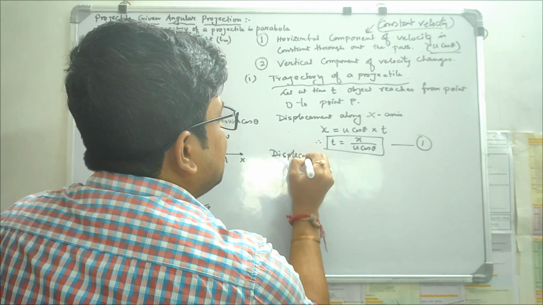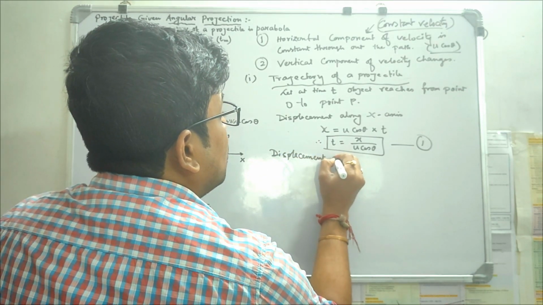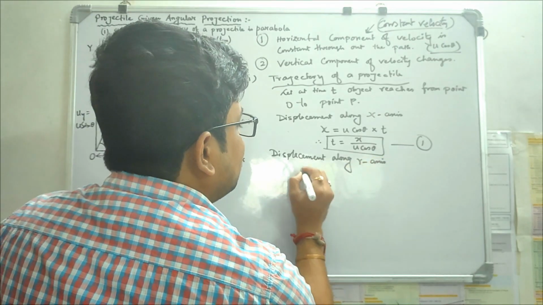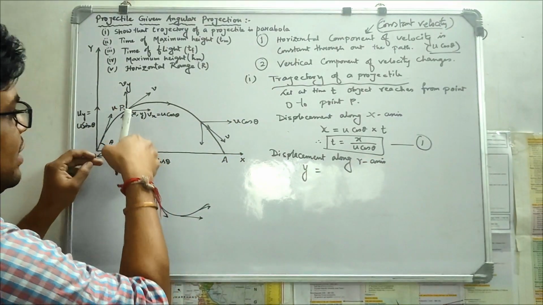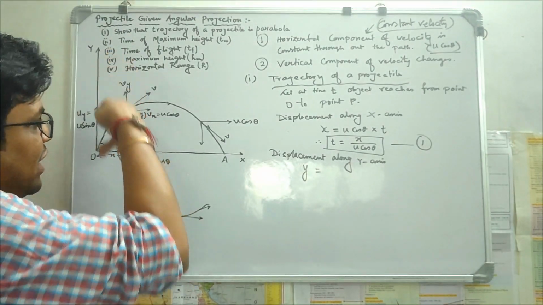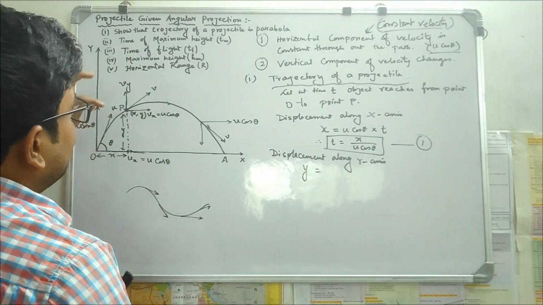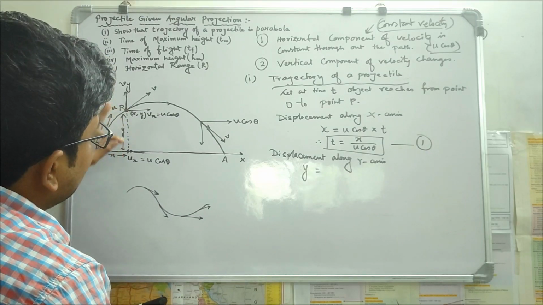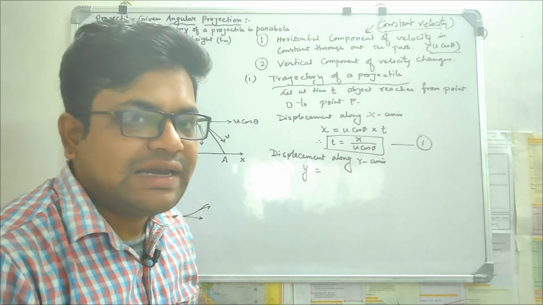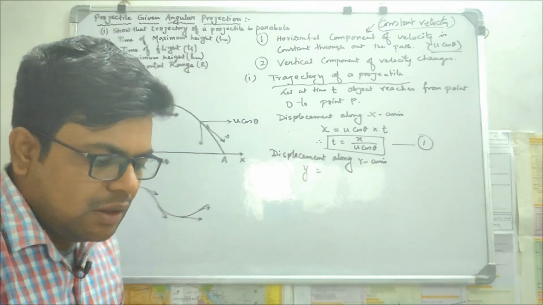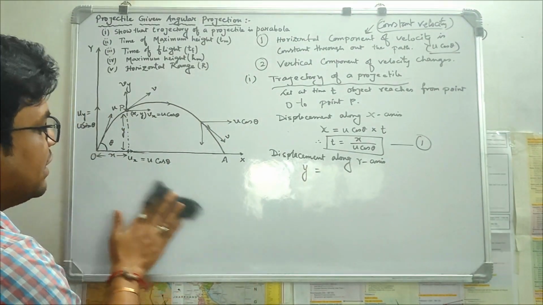Now I use this time in the displacement along the y-axis. Now displacement along the y-axis, that is y. Y means this one. How much does it displace along the y-axis? It means when the object reaches point P, how much distance it has covered in the vertical direction. Vertical velocity is not constant, so here you have to use the equation of motion.